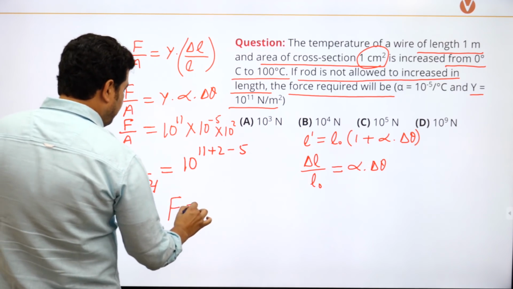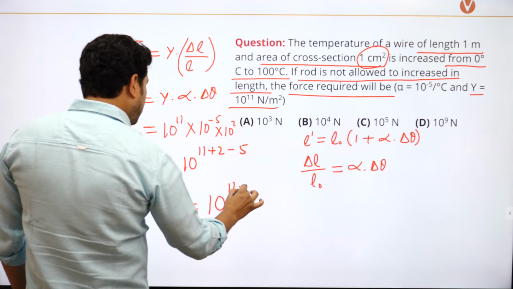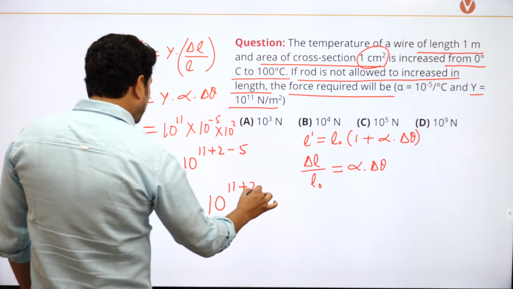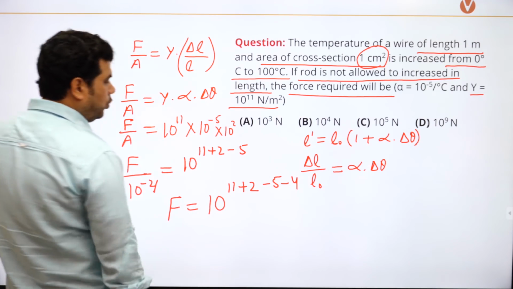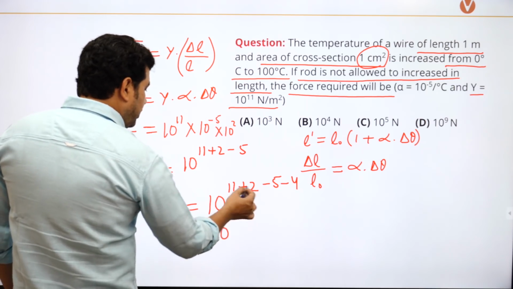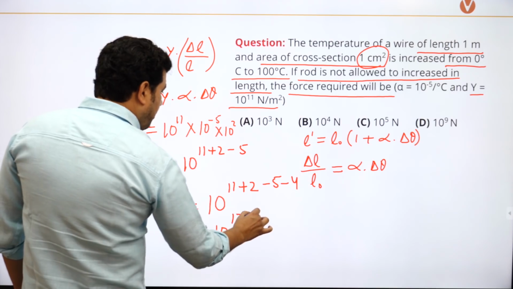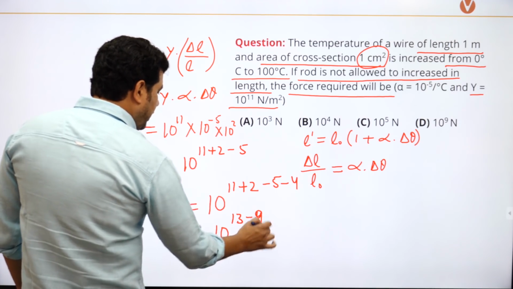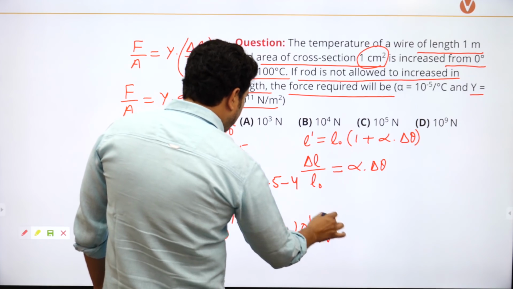Now force F is equal to 10 to the power 11 plus 2 minus 5 minus 4. So we have 10 to the power 13 minus 9, which is 10 to the power 4 Newton.